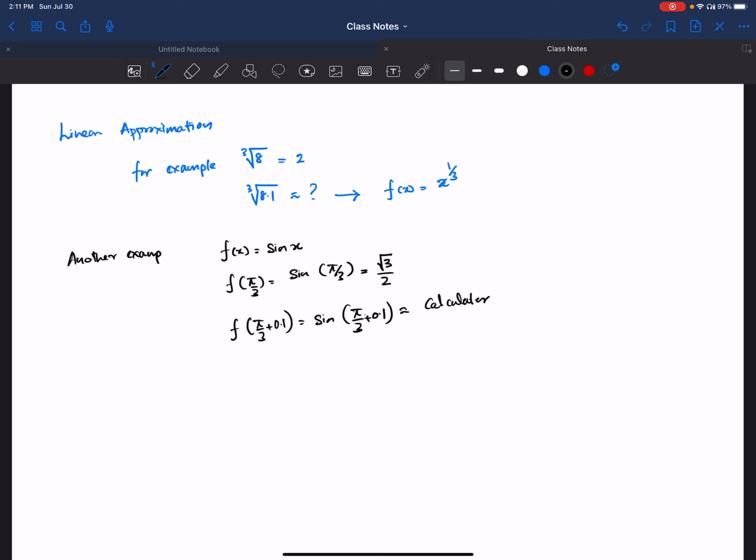But by using linear approximation, we will be able to find those types of values without using a calculator.